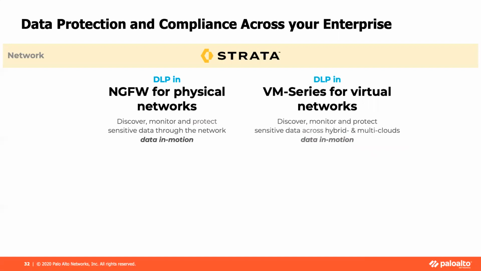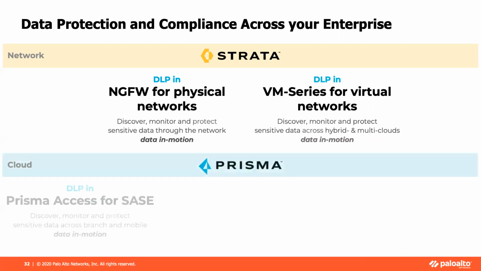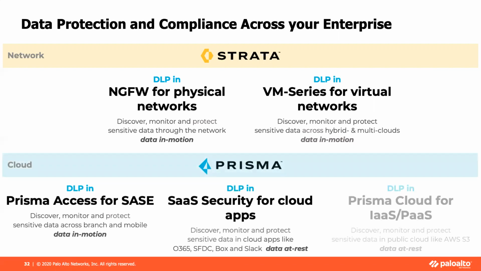Now, some things, such as firewalls and Prisma Access, are going to be looking at data in motion. In other words, we see information being shared, we see it come across the device. That's where we're going to see it.